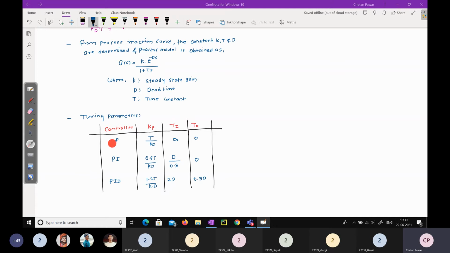If you use a proportional controller, there is no need to set Ti and Td because those controls are not there. So Kp will be T upon K into D. What is T? Time constant. What is K? Steady state gain. And what is D? Dead time.